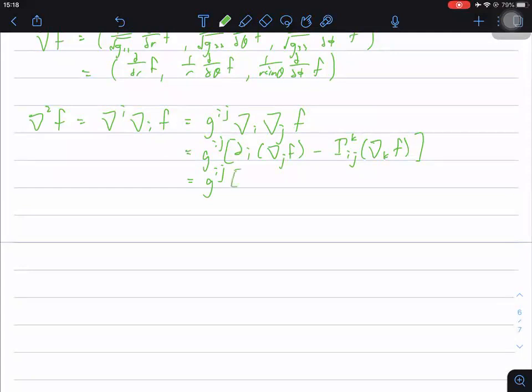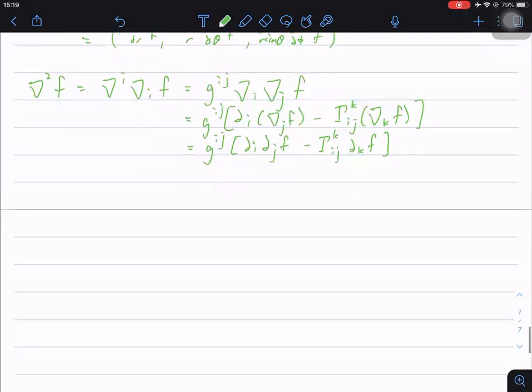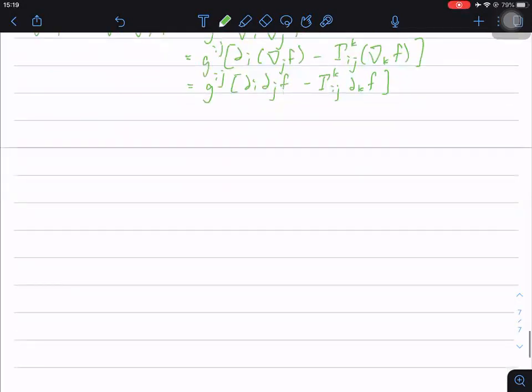And after doing that, the nabla f is very simple. We just convert it into a partial derivative. So what we have here is, okay, let me write it down on the next page and expand it.